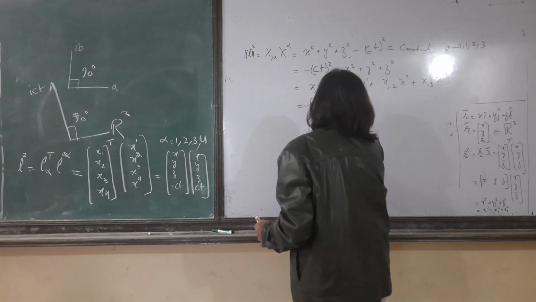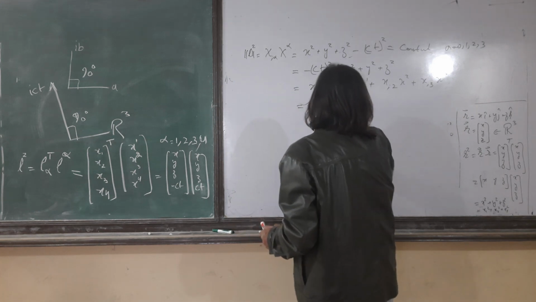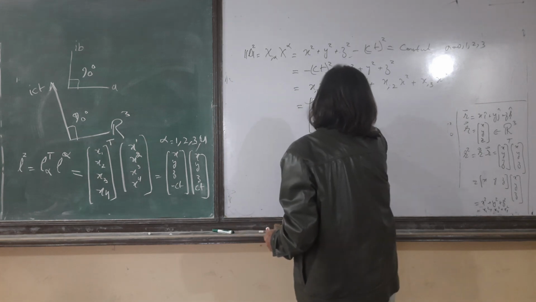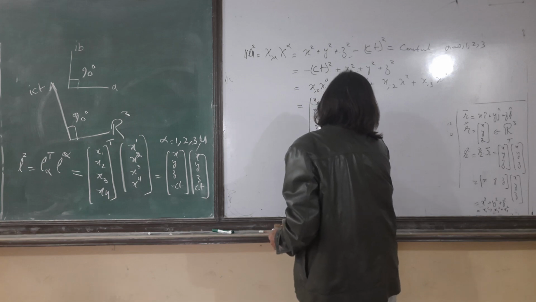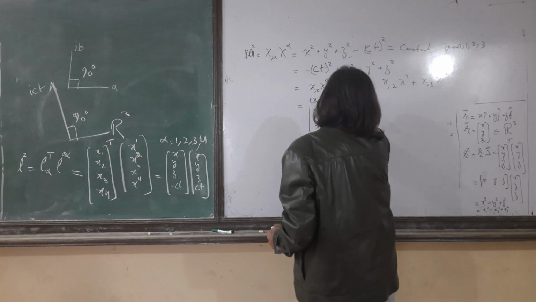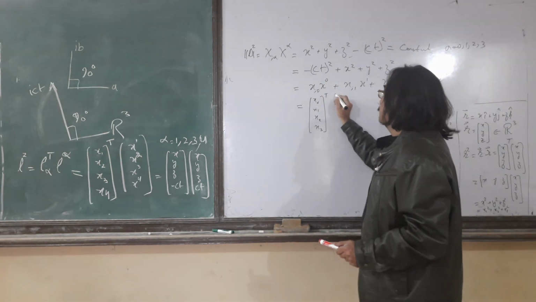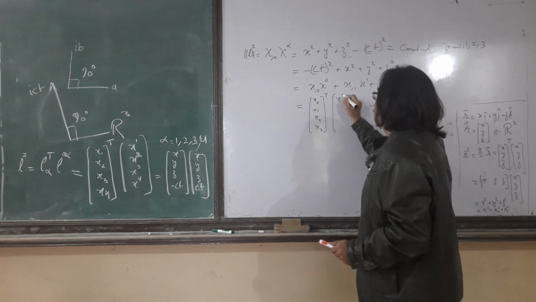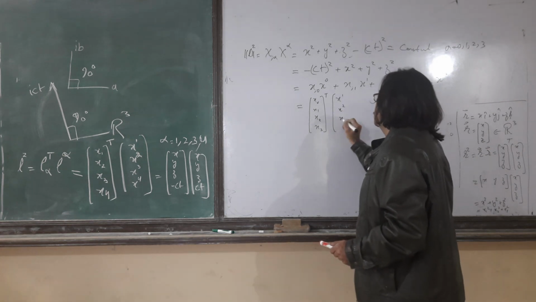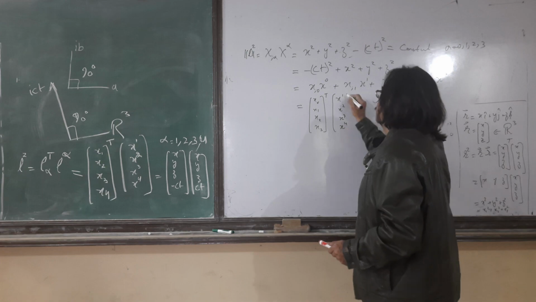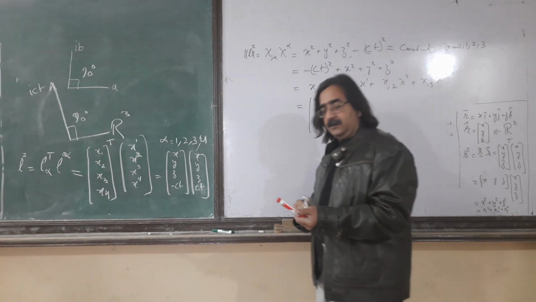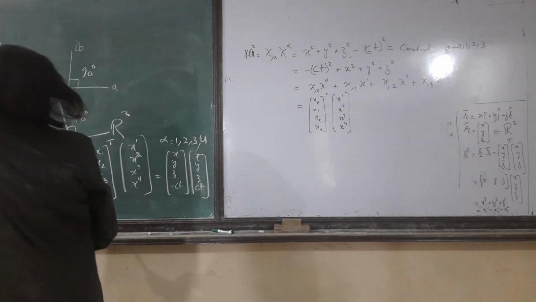What is this? This is x0, x1, x2, x3 transpose column. And this is x1, x2, x3, x4.